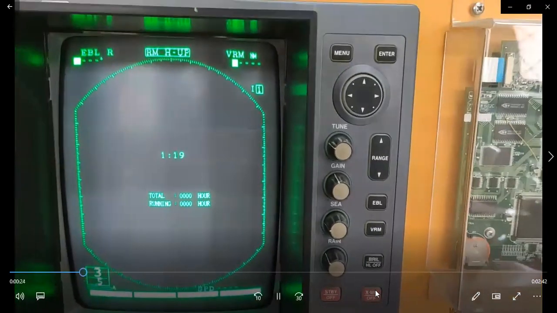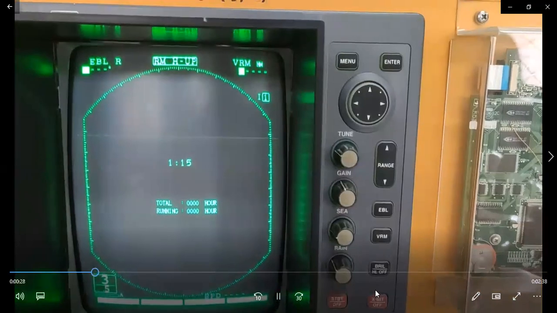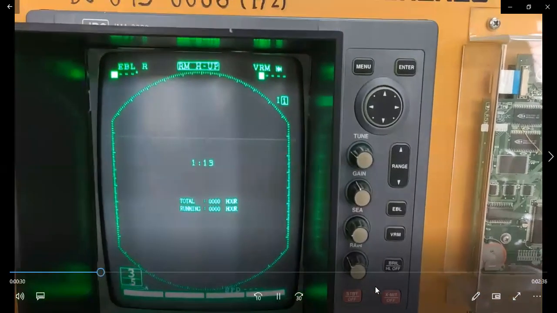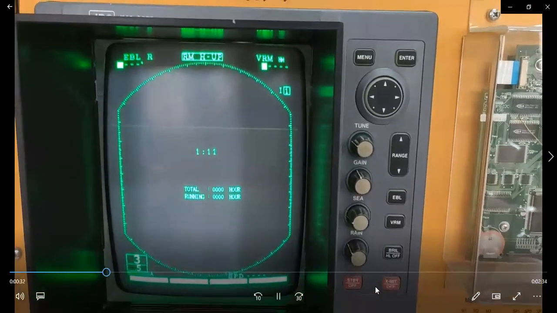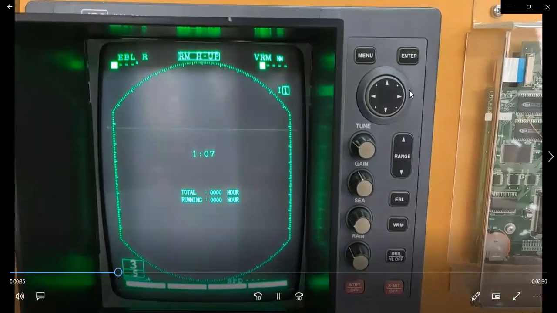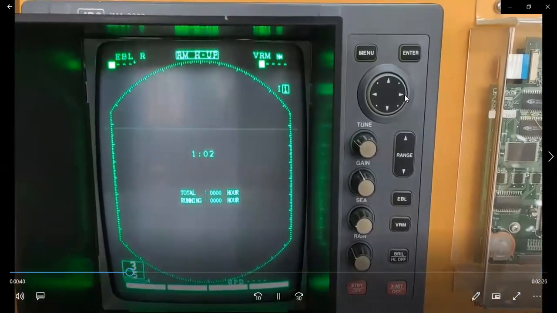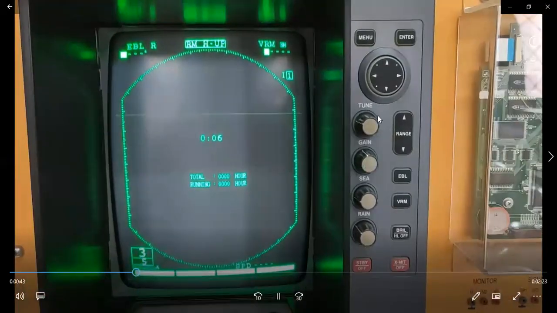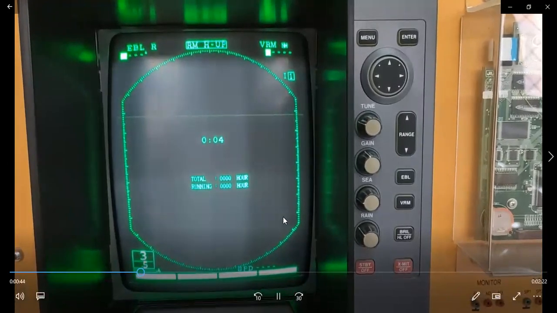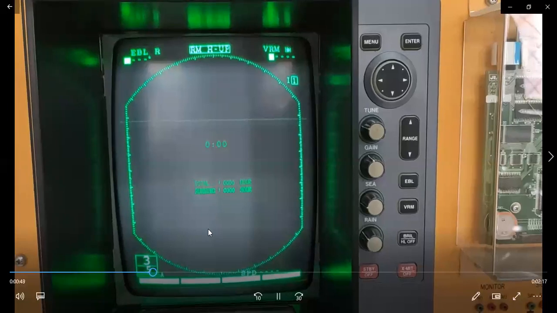When you press that, the antenna starts rotating. I will show how it rotates, and the antenna also starts transmitting power. The knob here, with different arrows in different directions, is used to change the position of a cursor here on the display.